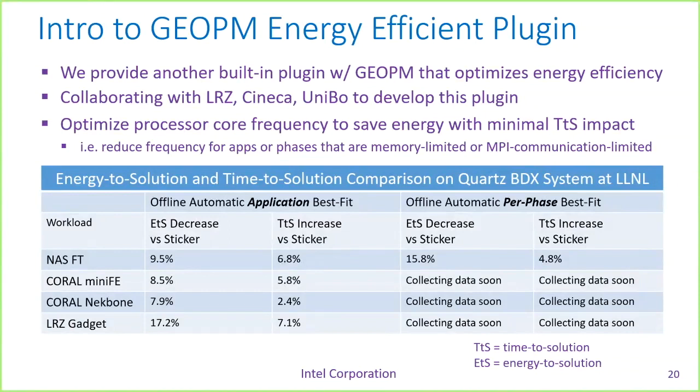We think there's more benefit to be had by adapting the frequency on a per phase basis rather than finding a best fit across the whole application. And that's because, like I mentioned earlier, different computational phases in an application can have wildly different runtime versus frequency scaling. And if you apply a best fit across all of them, you're really doing something suboptimal for each of them.